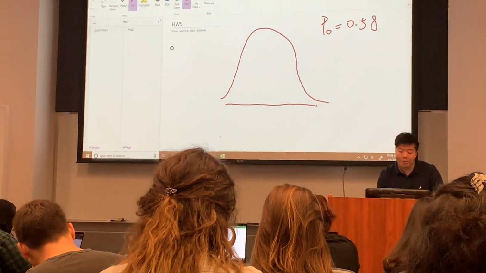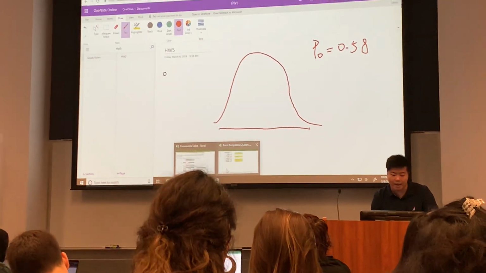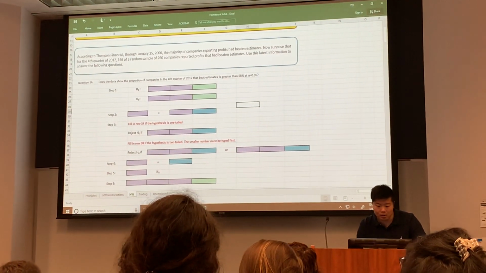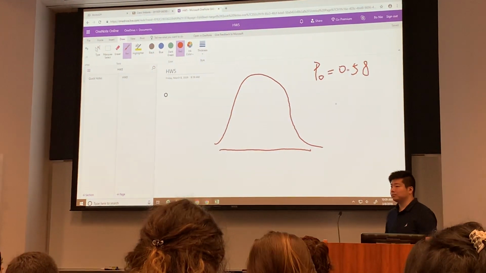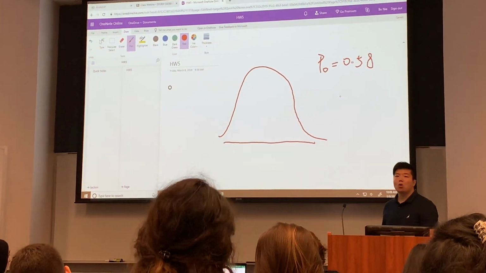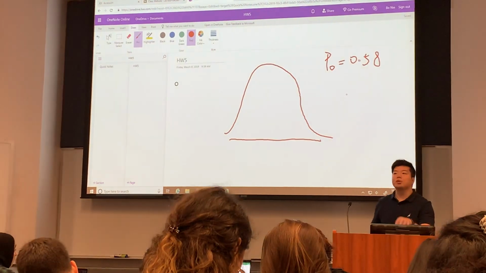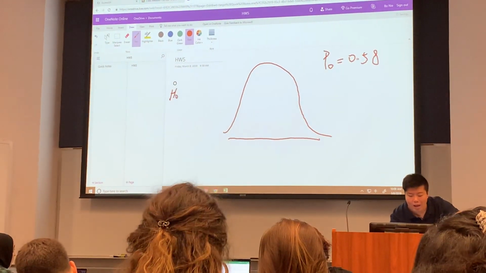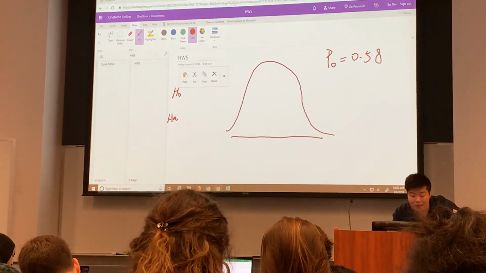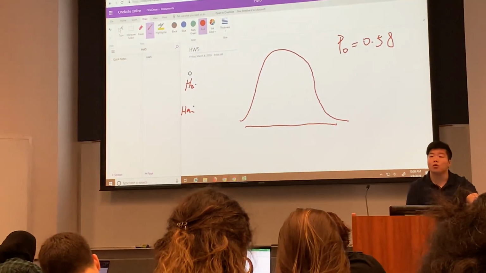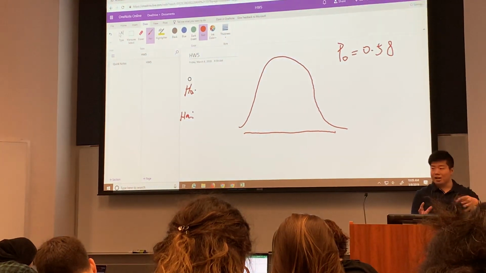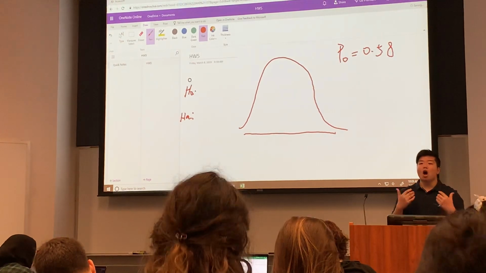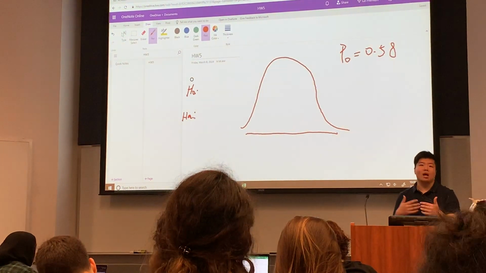All right, my P null is 0.58, and my keyword is greater than. What does that mean? It's shaded to the right, or we call it an upper tail test. So what is my HO and what is my HA? That is step one for hypothesis testing. My HO is the opposite of HA.